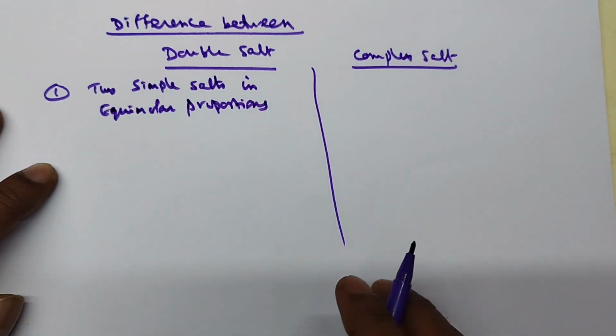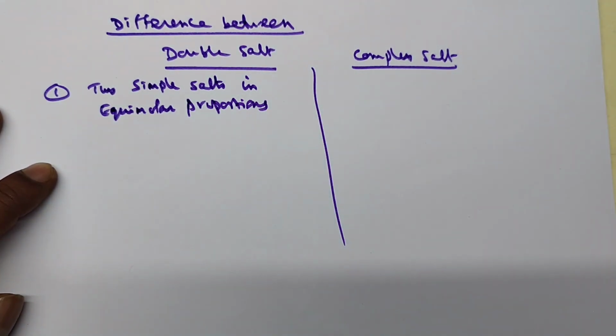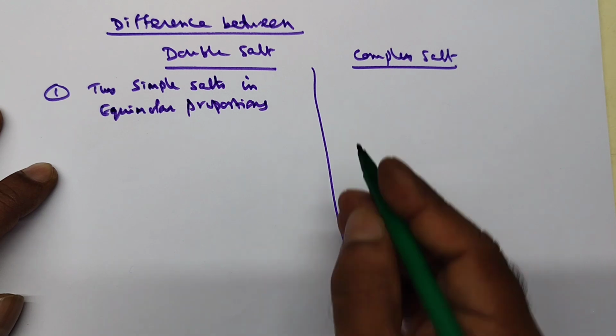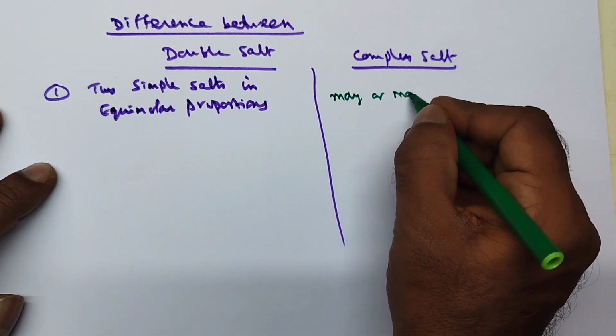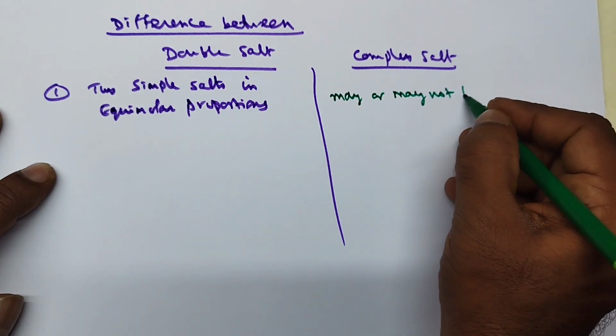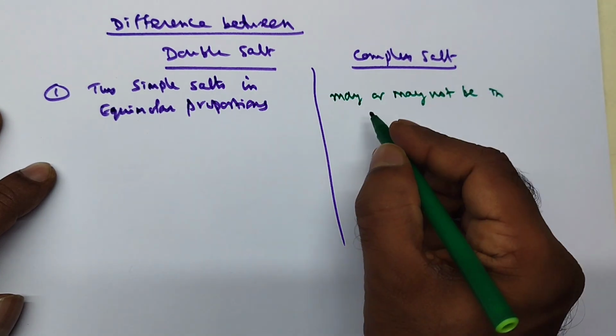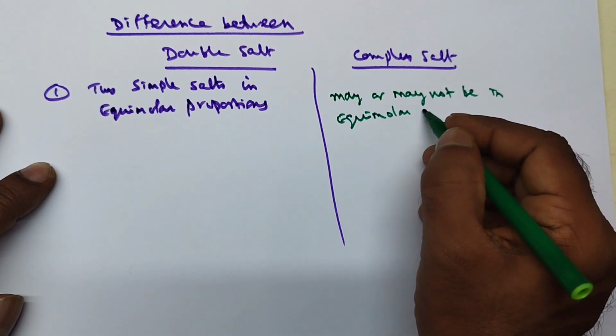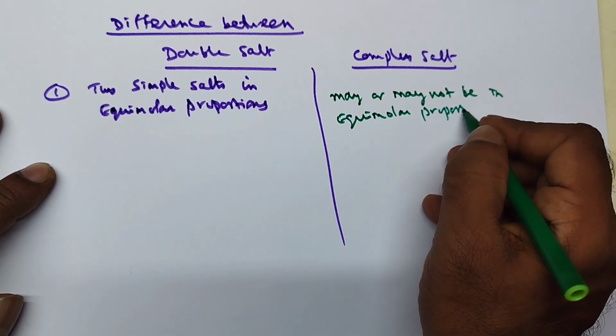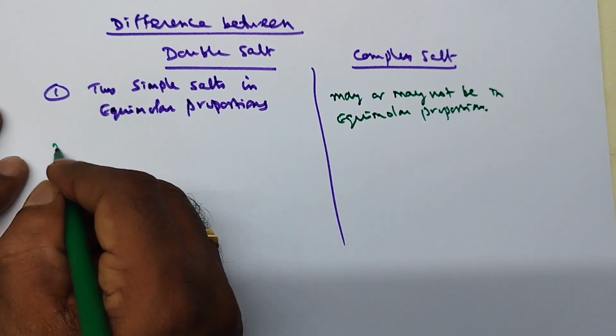Whereas in the case of complex salts, they may or may not be in equimolar proportions. That is the first difference.